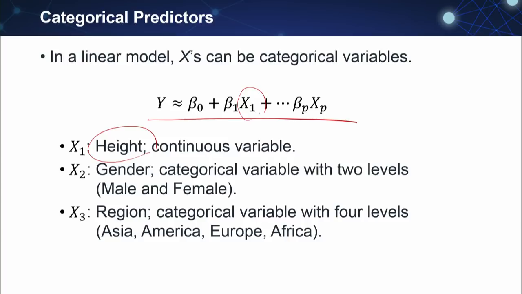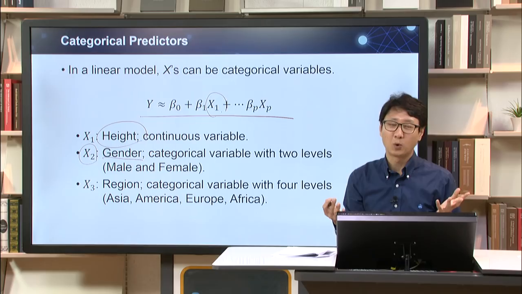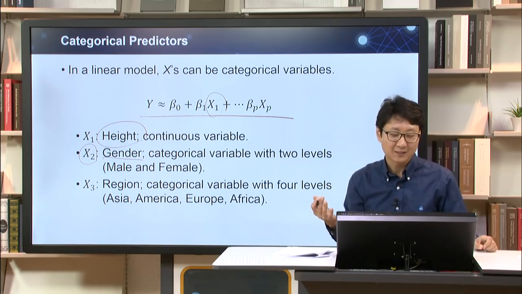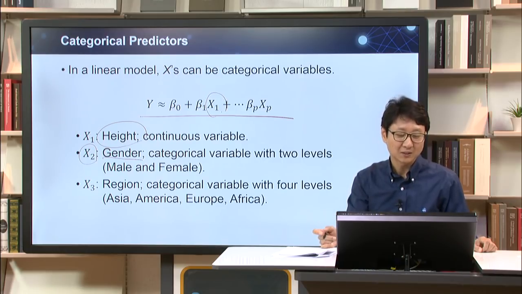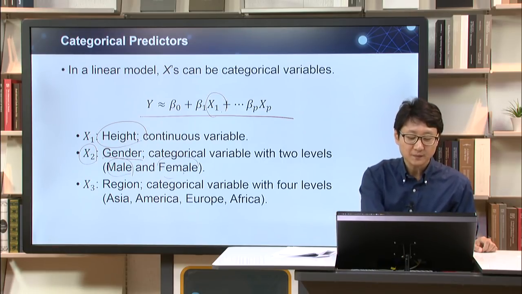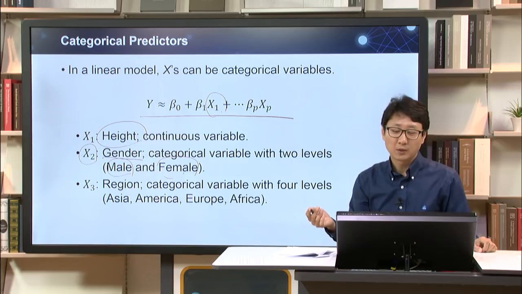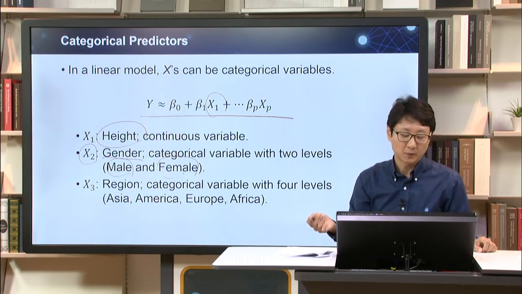However, what happens if x2 is something like gender? Usually gender has male and female, a categorical variable with 2 levels. Some people might say we have more than 2 genders, but let's consider here only 2, male and female. But even if we have more than 2 levels, it is also possible.